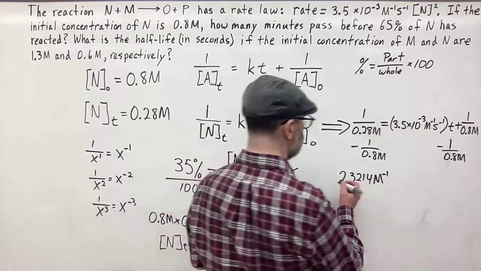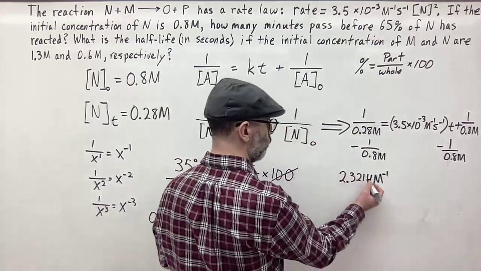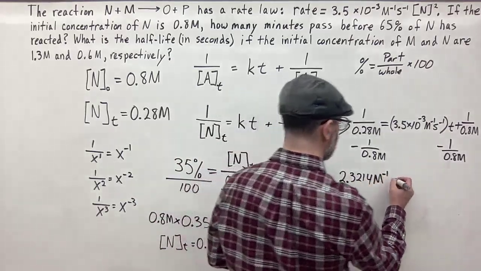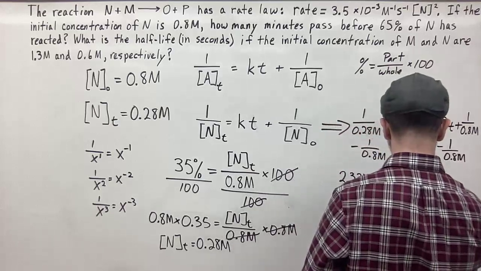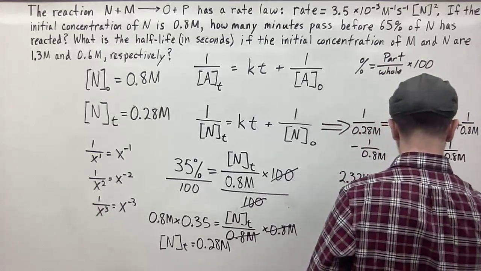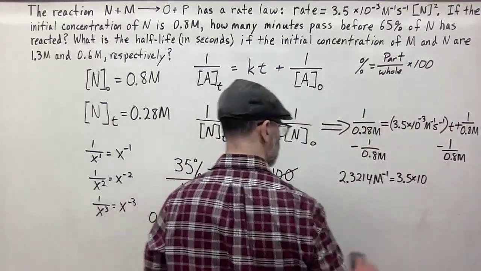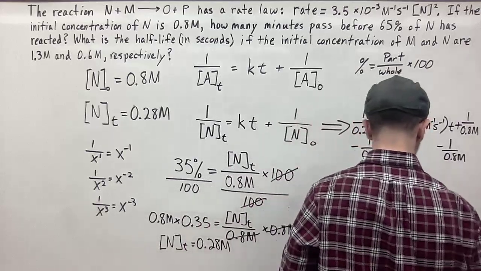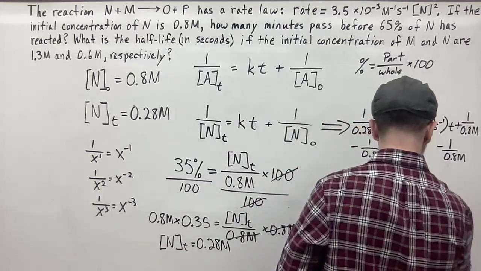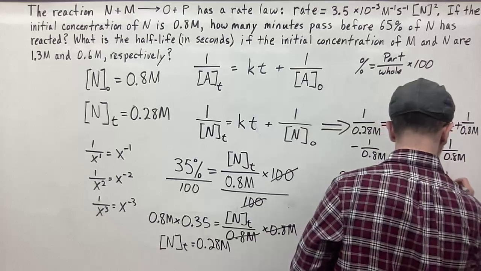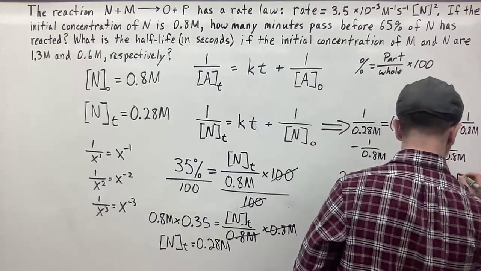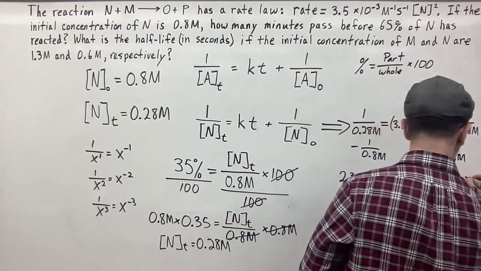Okay, so I have 2.3214 per molar here. That's going to be equal to 3.5 times 10 to the negative 3 per molar per second times t.